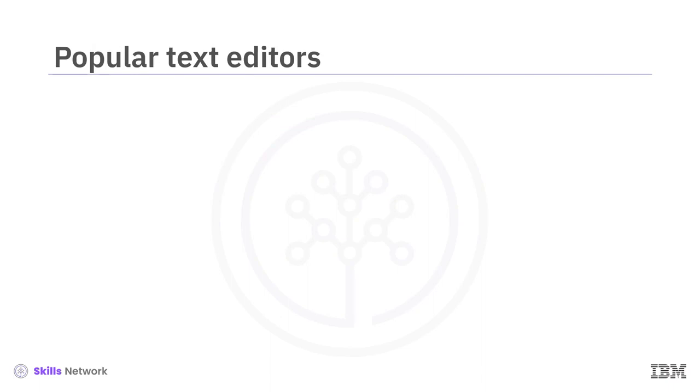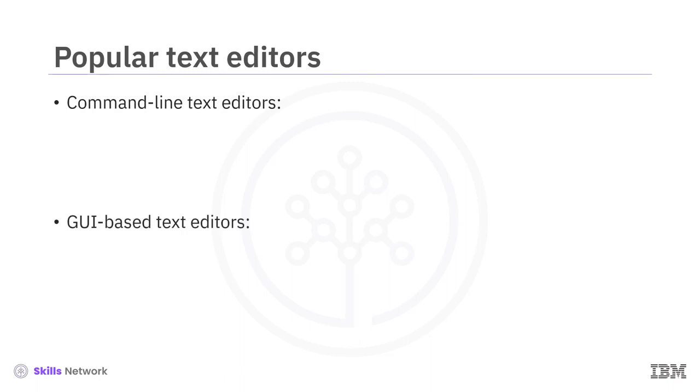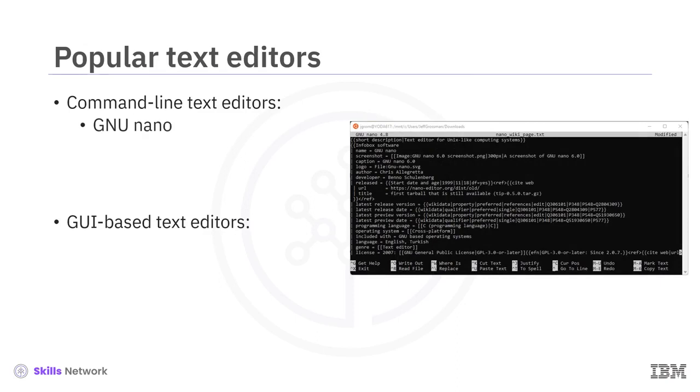There are many editors to choose from, and they can be grouped into two main categories: command line text editors and GUI text editors. Examples of command line text editors are GNU Nano, a small and friendly modeless text editor, VI, a traditional command line editor originally created for Unix, and Vim, a powerful mode-based command line editor based on VI.